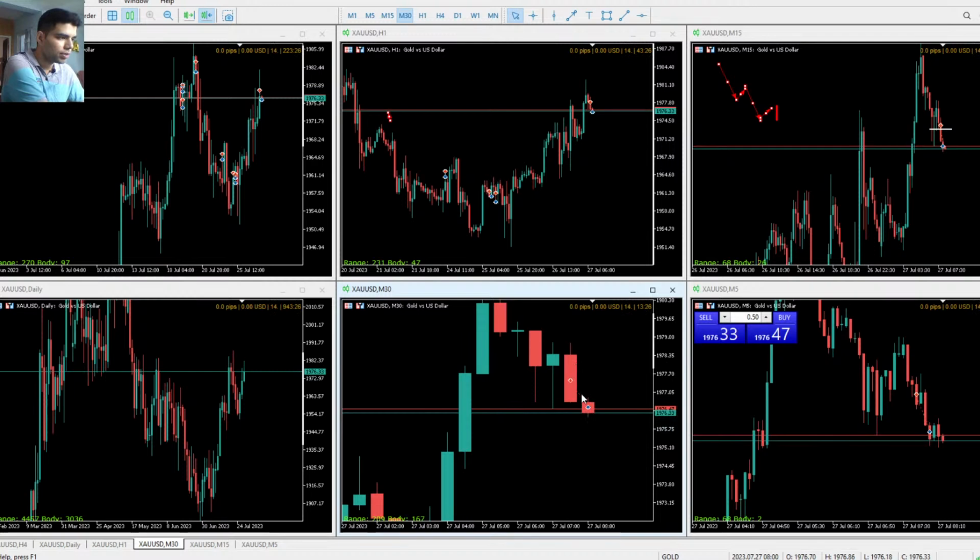so I closed this position because you guys can see here for this red candle there is a big wick, and there is also a big rejection wick, right? So I didn't feel safe to hold my position, so I just exited with 8-9 pip profit.